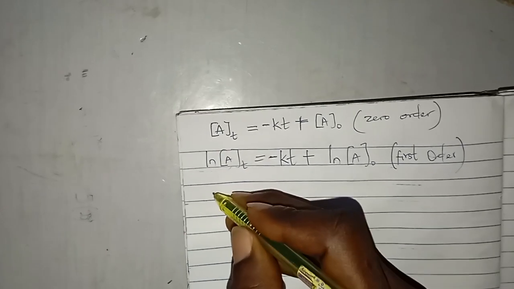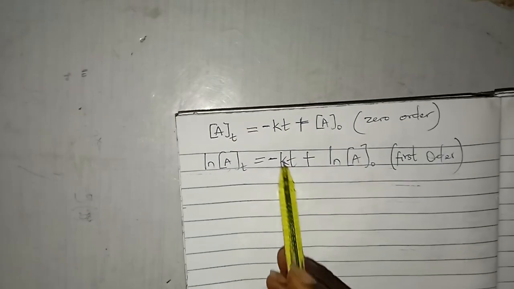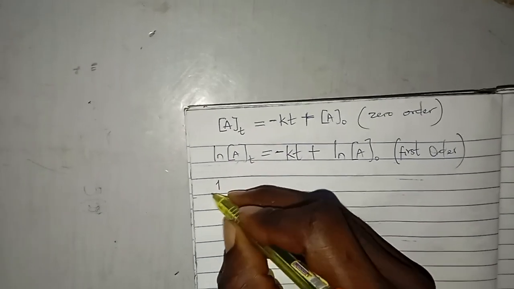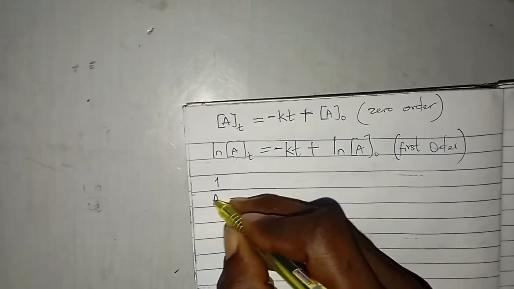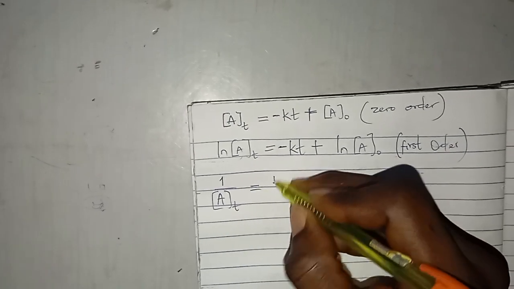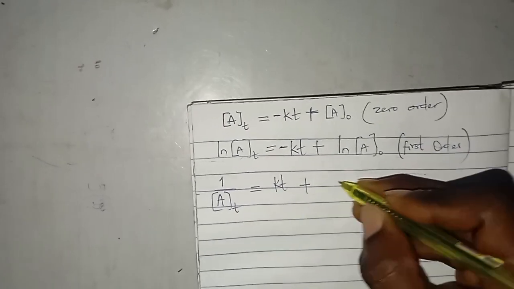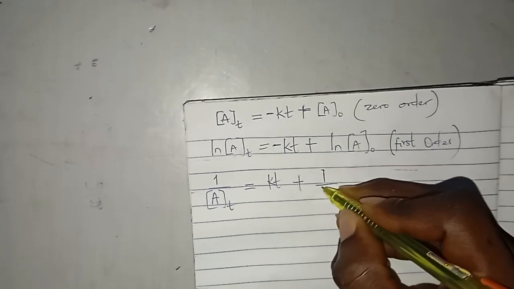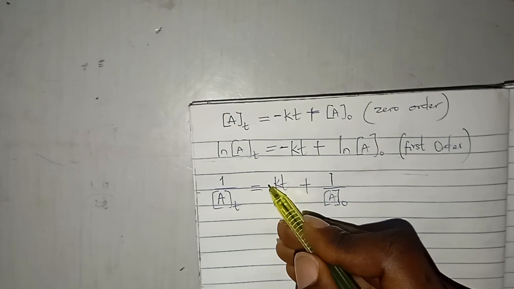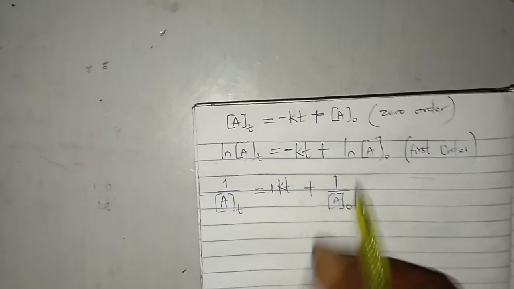For second order, it is just like everything here, but this time around it is now having 1 over. So 1 over concentration at time t is equals to kt plus 1 over initial concentration. But this time around, instead of minus, it will have plus.